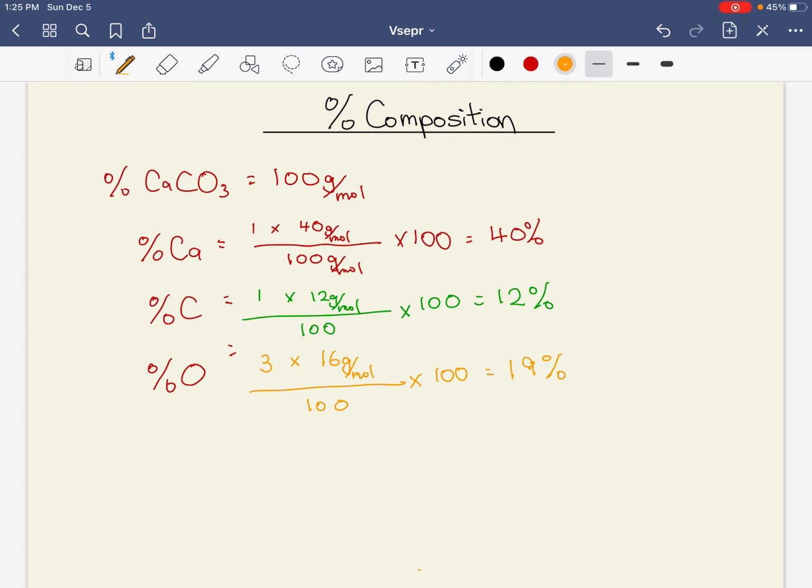I hope I'm doing this right. Let me check for a bit, because I did something wrong. Why would it be 19? Come on, think. 3 times 16 is 48. Okay, it'll be 48%. All right, so that's how you find the percent composition of chemicals.